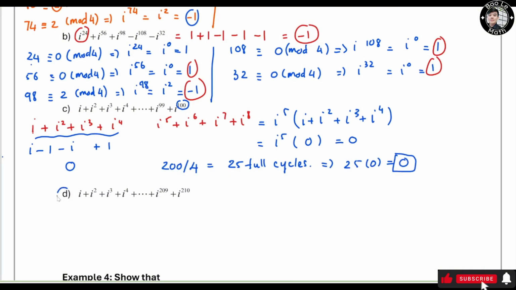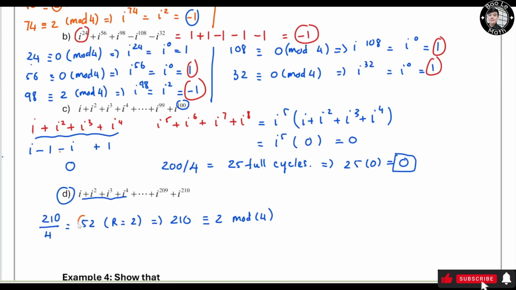Now question D, similar to question C. Observe that the sum of every 4 terms equals 0, right? So we're going to take 210 divided by 4. And then we get 52, and then the remainder is 2, right? So this is the same thing as 210 congruent to 2 mod 4, right?